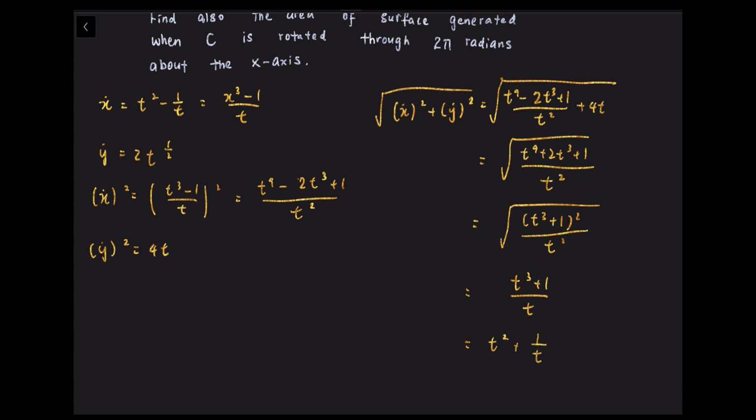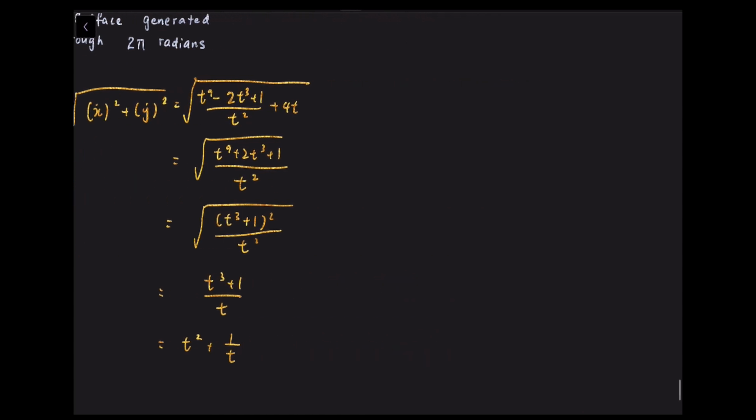Now we need only to integrate this result. So for the area of the surface, we have this formula: integrate from a to b 2 pi y square root of (dy/dt) squared plus (dx/dt) squared dt. And we have already evaluated the square root of (dy/dt) squared plus (dx/dt) squared.